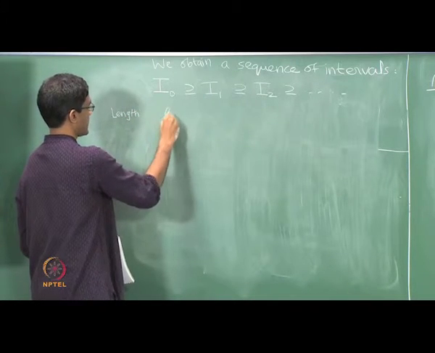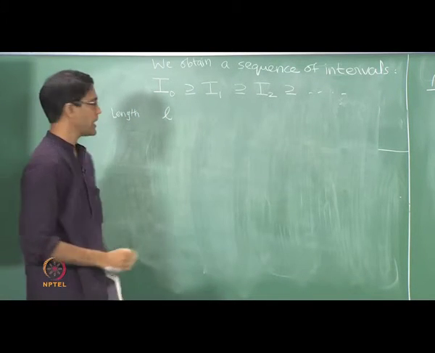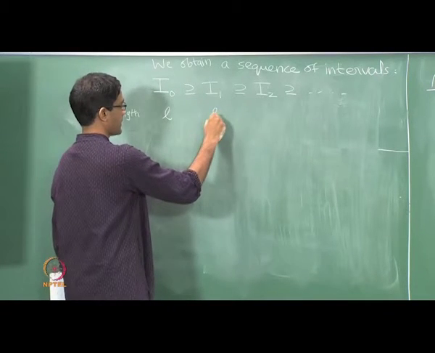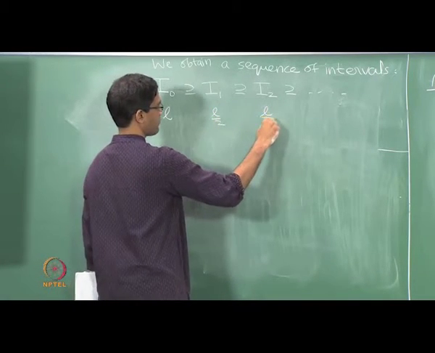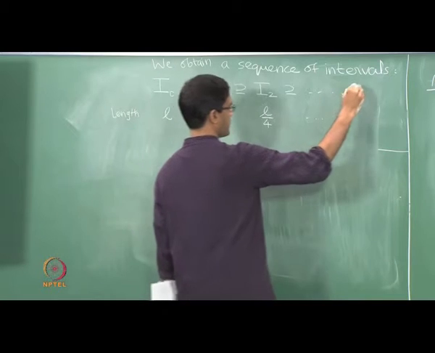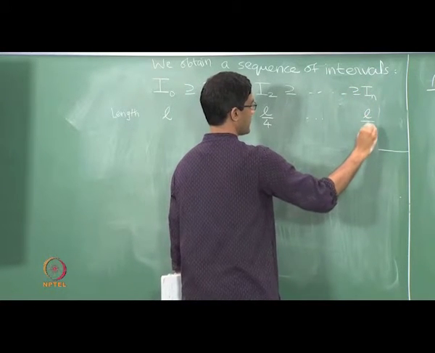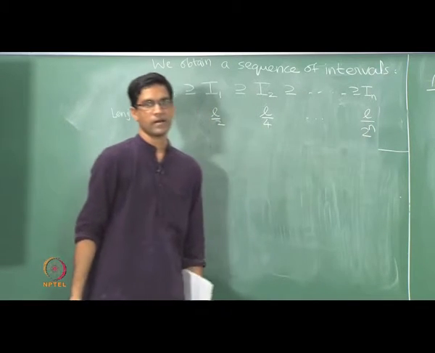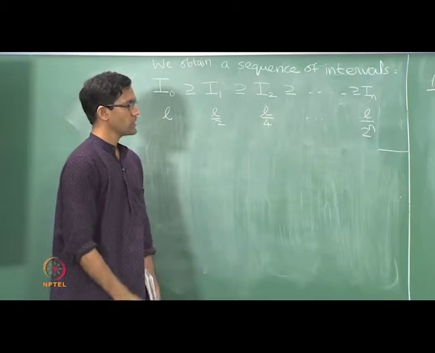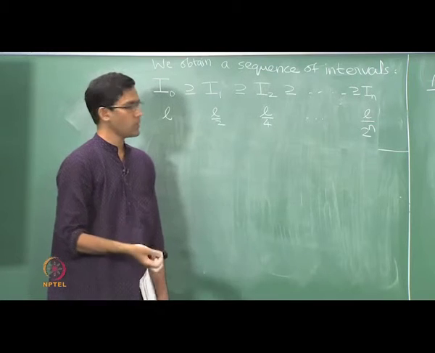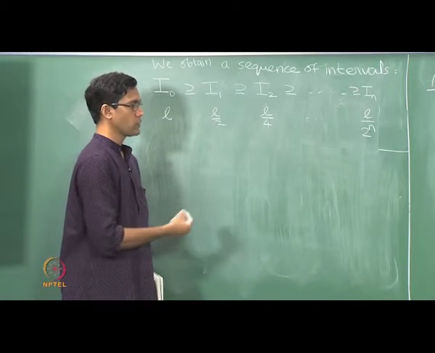Suppose I0 had length L, which is b minus a, I1 has length L by 2, the next has length L by 4, and so on. If I do this for n steps, I get an interval whose size is just L divided by 2 power n. So the intervals are getting smaller and smaller.